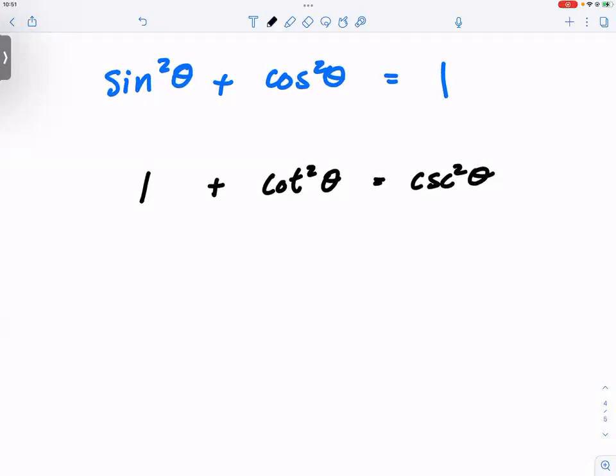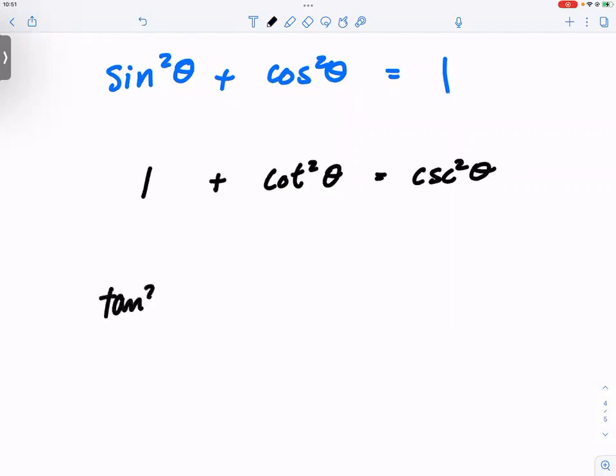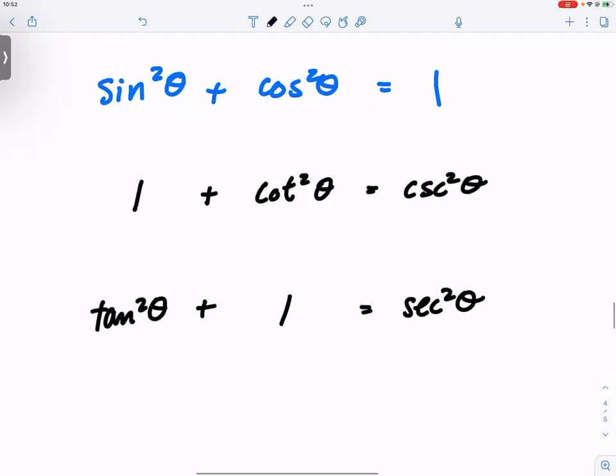The second one is that you divide the first equation by cosine square theta, which gives you tangent square theta plus 1 equals secant square theta. So I want to make one point very clear: if you don't know the other two, it's okay as long as you know how to get them.